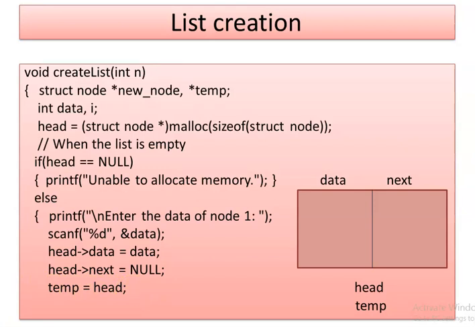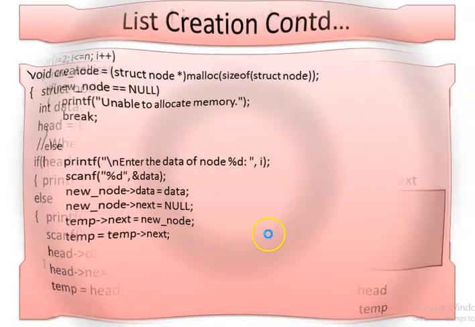I think the point is clear. So we have given a name for this node as head as well as temp. There may be some reason for using this temp for this node, naming this node as temp also. Let us see what happens next.